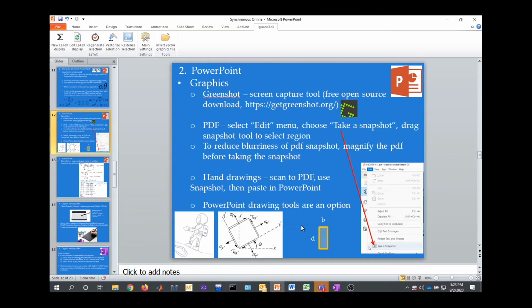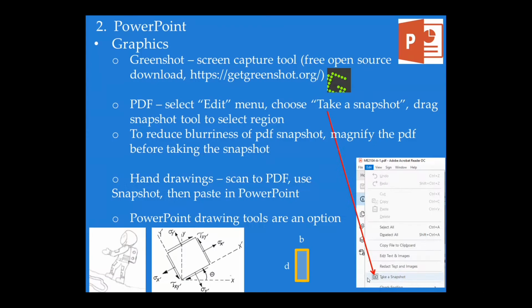I often would sometimes draw pictures by hand, and I would then scan them into a PDF, and then I would take a snapshot of that picture and paste it into PowerPoint. And so you can see a couple examples of things I used.